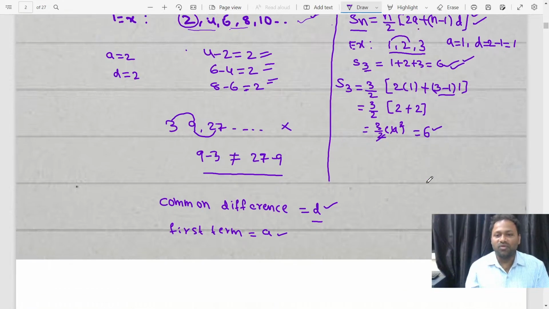What is that? Whenever you know the first term as well as the last term.